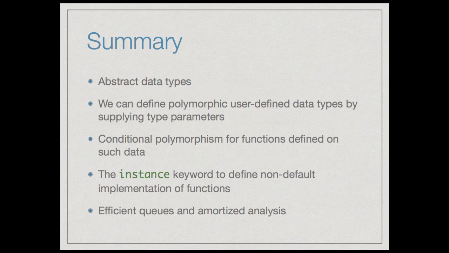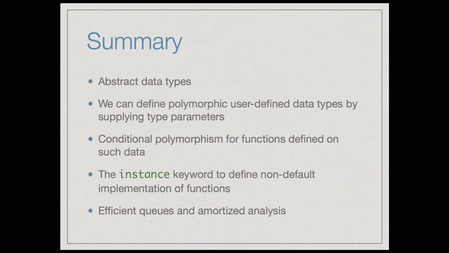To summarize, we have defined abstract data types in this lecture through the example of a stack and a queue. We have also defined polymorphic user-defined data types by showing how you can generalize the stack and queue data types to store not just integers but any data type a whatsoever by the use of supplying type parameters. The functions on these data types are polymorphic, but sometimes they are conditionally polymorphic, not freely polymorphic.